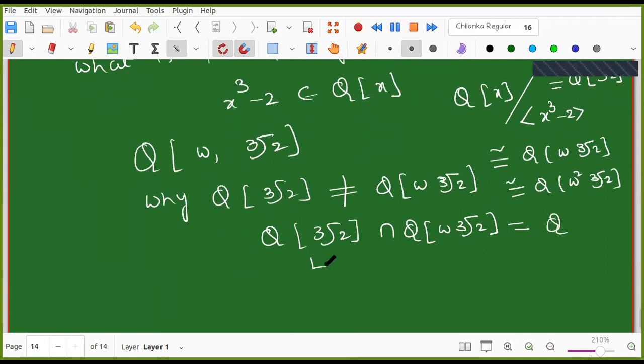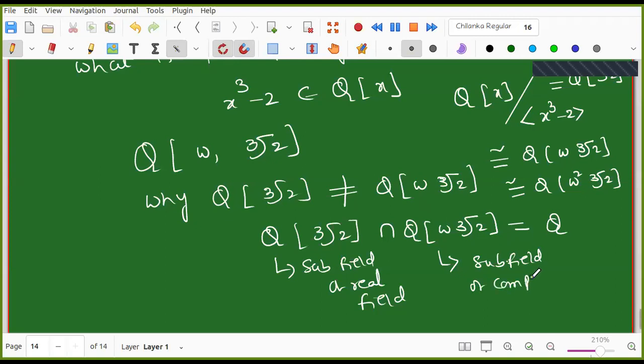So this is a real field, a subfield of the real field. The other is a subfield of C, but not a subfield of the reals. So these are not equal.